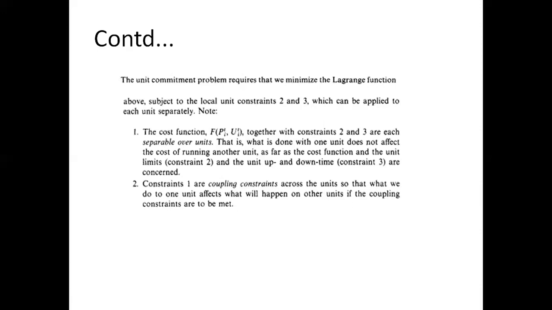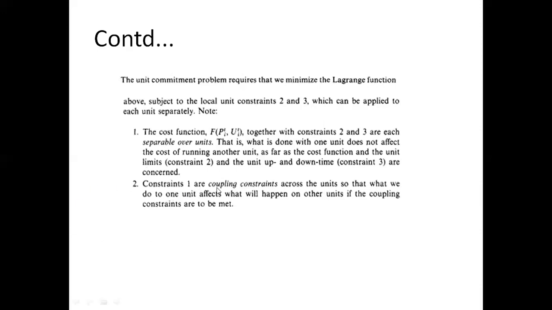That is, what is done with one unit doesn't affect the cost of running other units, as far as the cost function, the unit limits, and the unit up and down time are concerned.